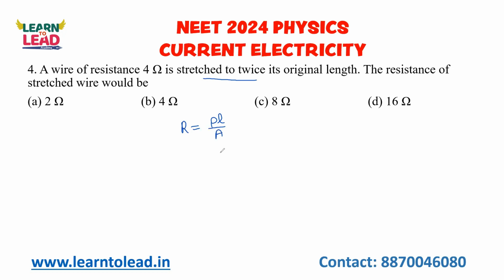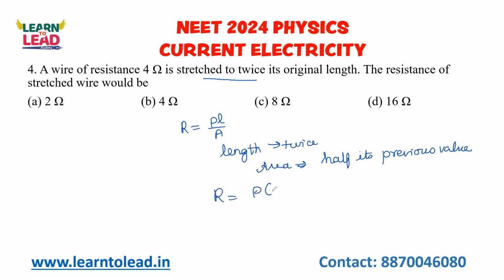Now, you should note a concept that as the length of the wire becomes twice, its area will become half of its previous value. So R is equal to rho into 2L divided by half the area, so 4 into rho L by A.